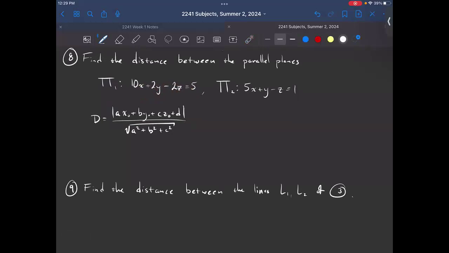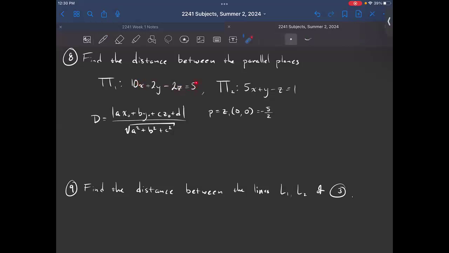All right, so we need our point, let's call it P. This is going to be z1 of, and let's just say 0, 0 for simplicity. Then we get our z coordinate is -5 over 2.